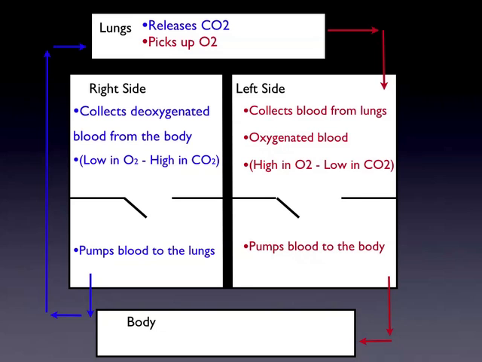What happens once this blood reaches your body? Abby? It gives oxygen to the cells and takes the carbon dioxide from the cells. Right. So its oxygen level decreases and its carbon dioxide level increases. It's kind of the opposite of the lungs. It gives the cells oxygen and removes their waste.